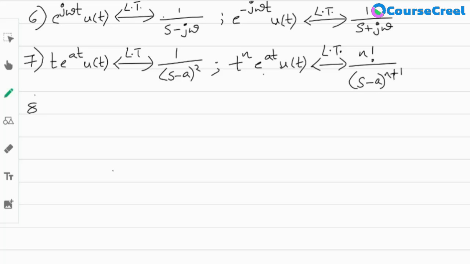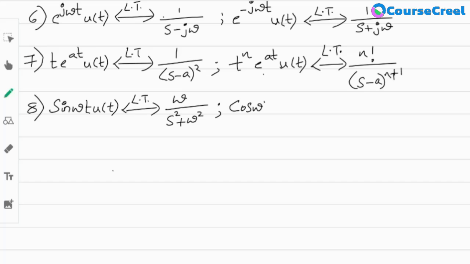And now we will see the next Laplace transform pair, the Laplace transform of sine and cosine functions. Laplace transform of sine omega t u of t is omega by s square plus omega square, and Laplace transform of cos omega t u of t is s by s square plus omega square.